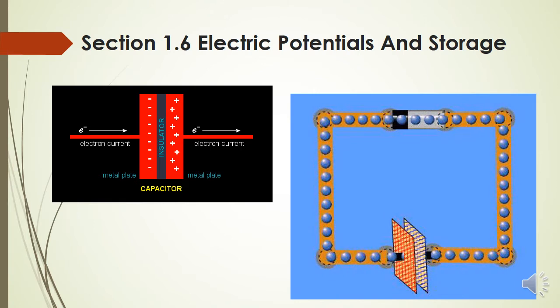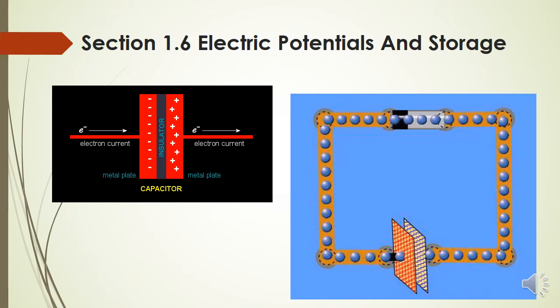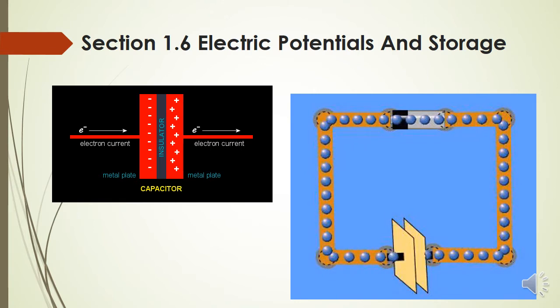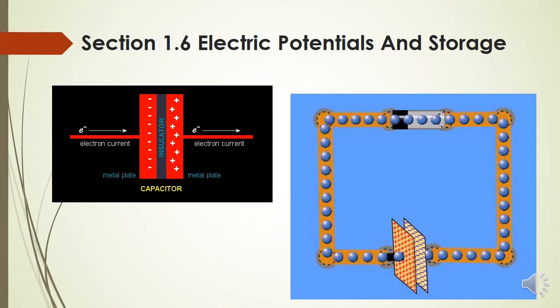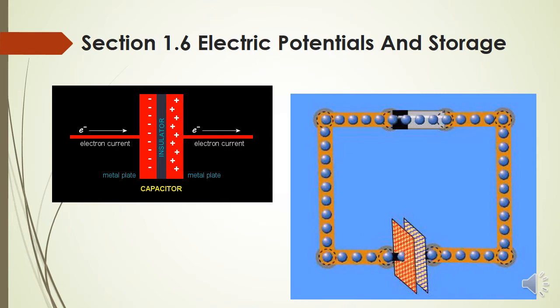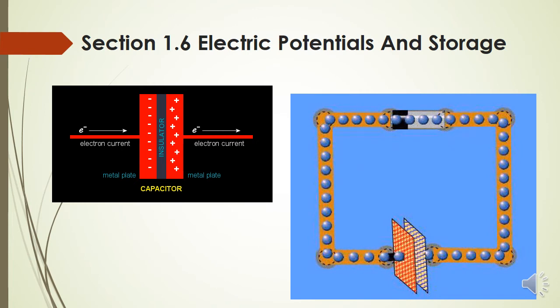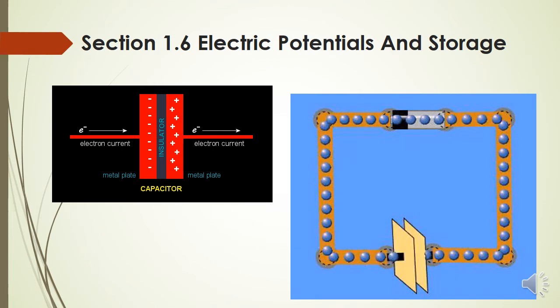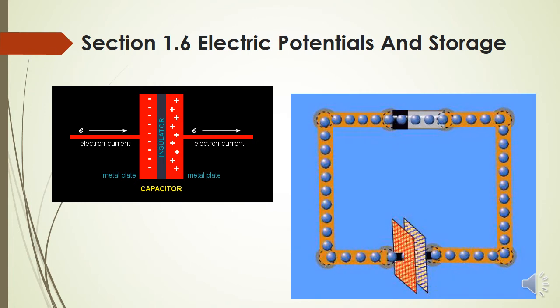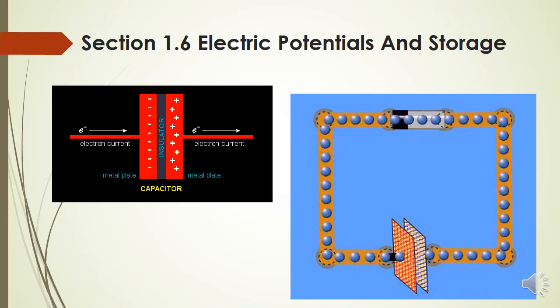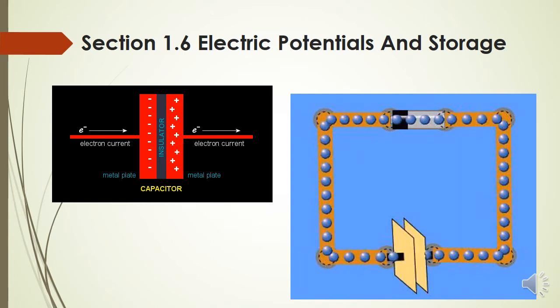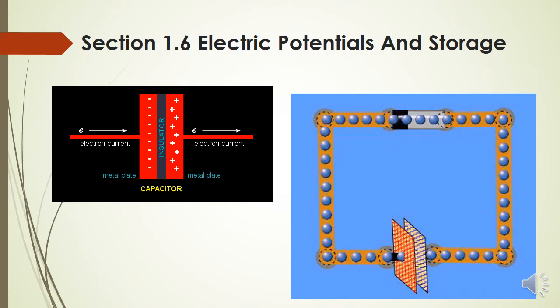These electrons are transferred from one plate to another, and in effect they are pumped through the battery and through the negative terminal to the opposite plate. The capacitor plates then have equal and opposite charges, the positive plate connected to the positive battery terminal and the negative plate connected to the negative terminal.